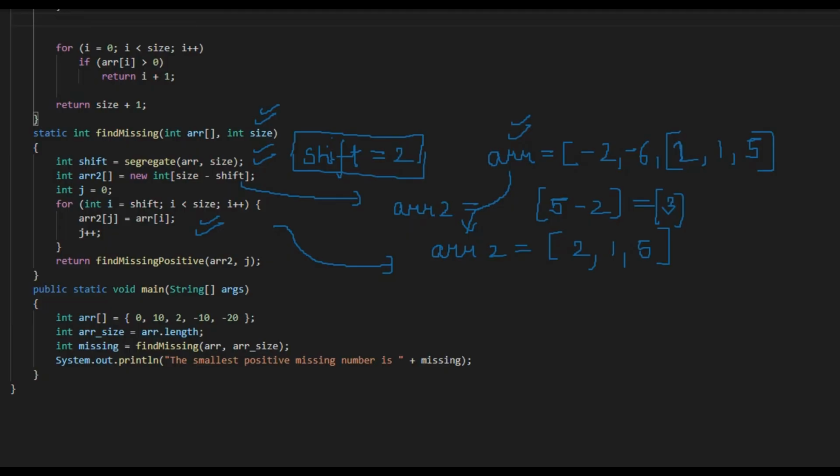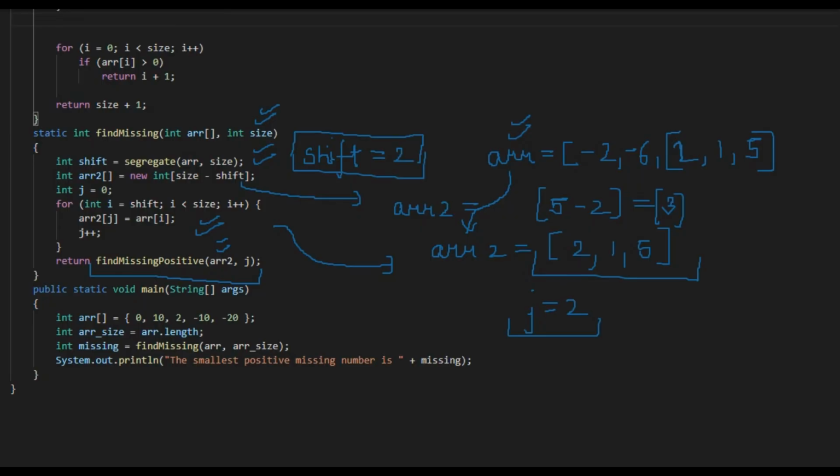Now we will return another function, findMissingPositive, where we are sending array2 and j, which is 2. Now let's see what this function is.